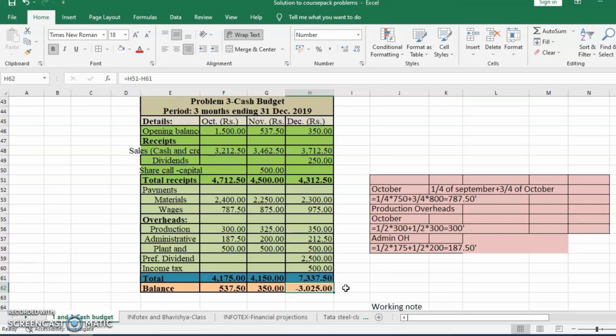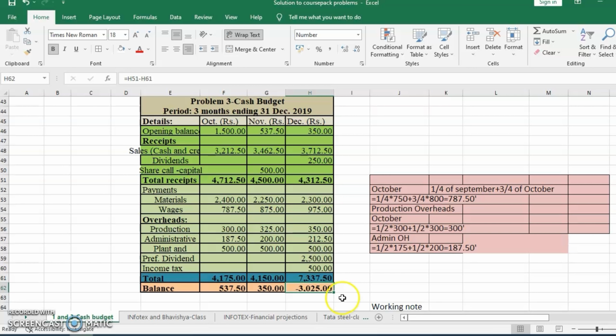We have adequate cash in the months of October and November, while in December, since our commitments and expenses are a bit bigger compared to the previous months, when you pass this information to the management, they should be ready to either raise money by taking a loan from the bankers, or by the issue of debentures or whatever. You're passing this information saying that yes, there is a shortage of cash and please make the arrangement.